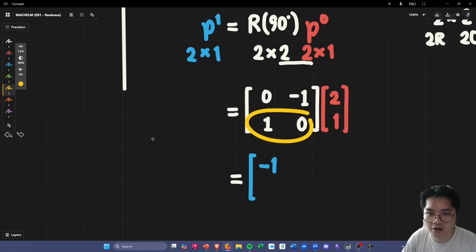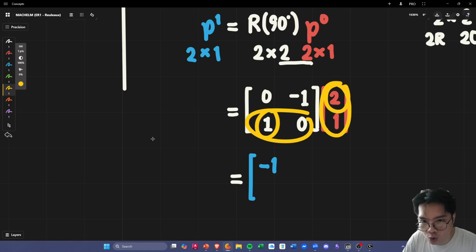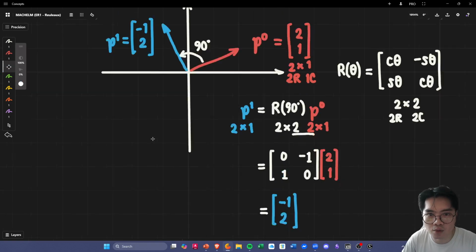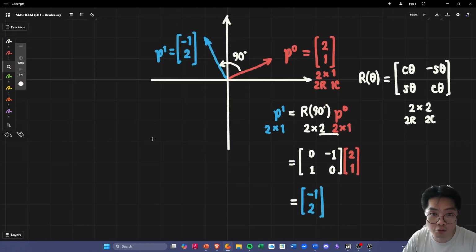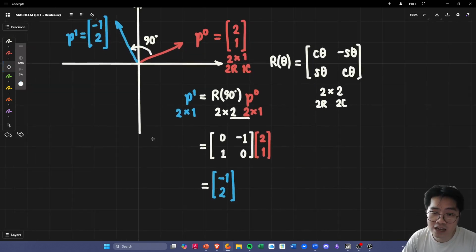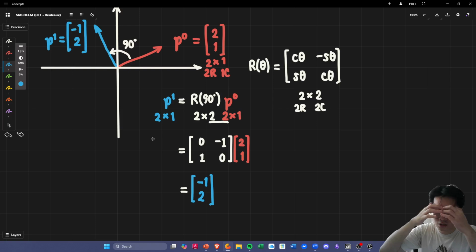We will now have 1 times 2 is 2, and 0 times 1 is 0. So 2 plus 0 is 2, which is indeed our rotated matrix. That is now our P1.